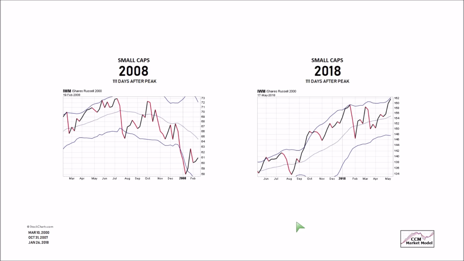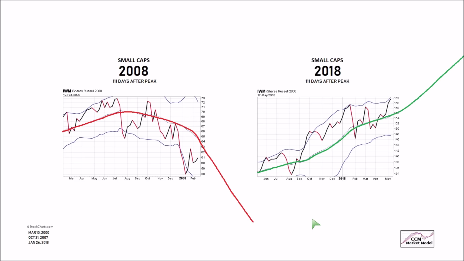The center line for the Bollinger Bands helps us filter out the day-to-day volatility and focus on the trend. You can see here the trend flipped from bullish to indecisive to bearish. 111 days after the peak, this is the slope of the center line.